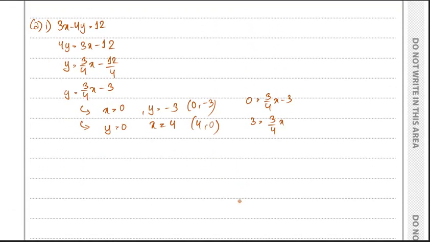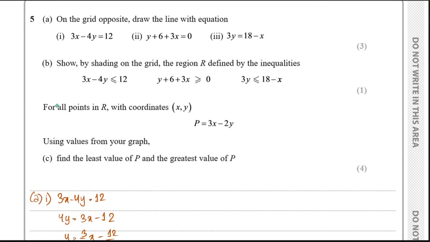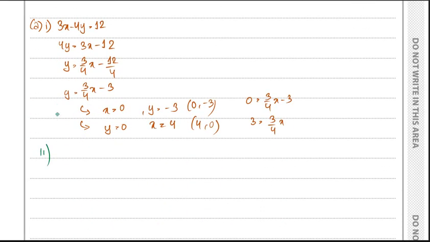Now for part A2, you'll be doing the same thing. So here we have been given a core equation of y plus 6 plus 3x equals 0. So let's make y the subject again.